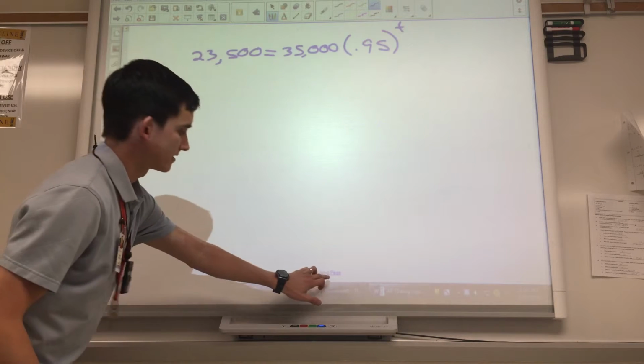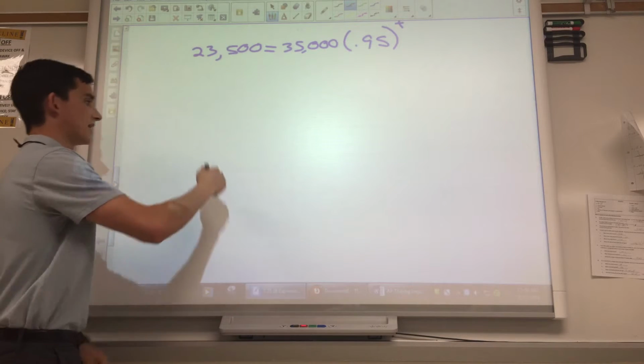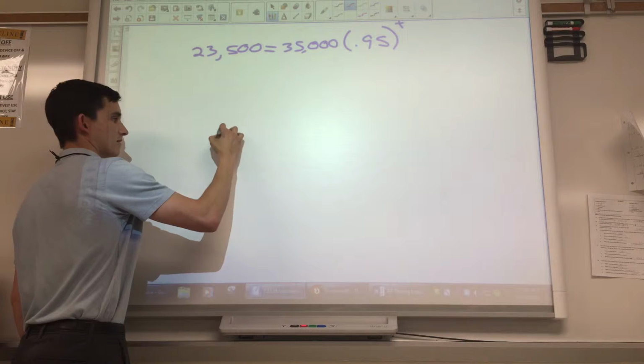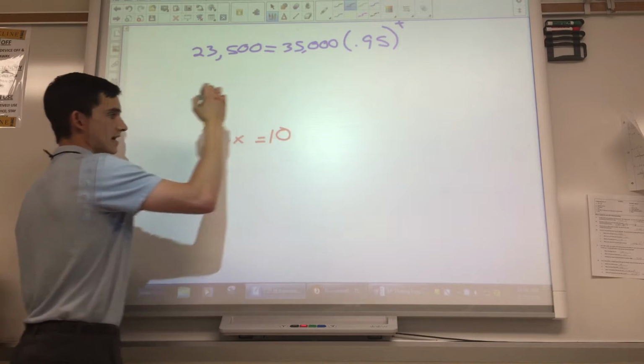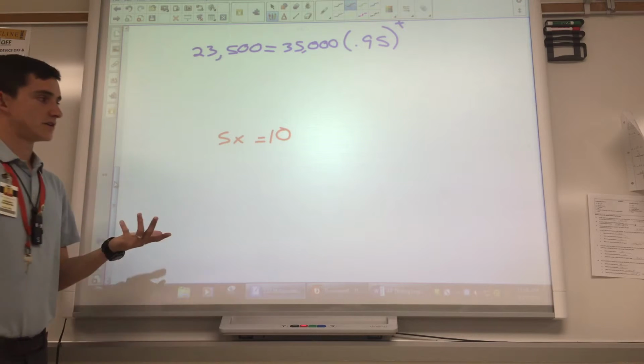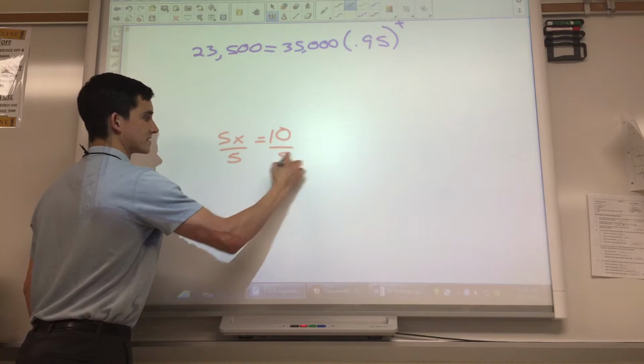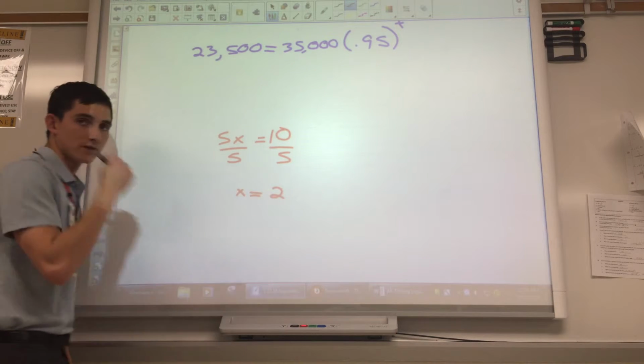Okay. Now let me actually begin that by introducing, if I have 5x equals 10, how do I solve this? This is 5 times x. How do I get rid of 5 times x? You divide. So there's something that undoes multiplication, which is division. You divide, so you end up with x equals 2, right?